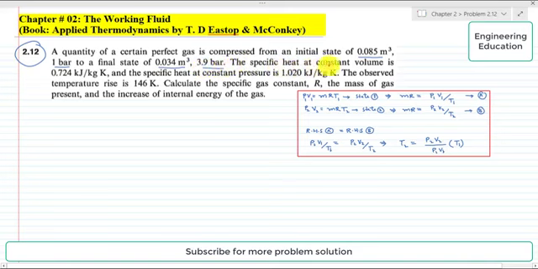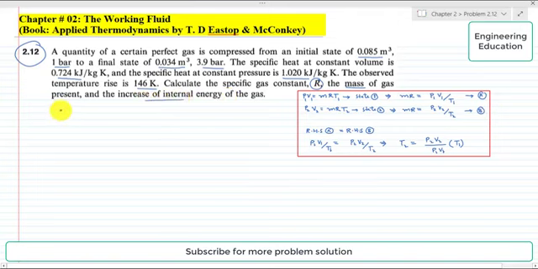The specific heat at constant volume is 0.724 kilojoule per kilogram per Kelvin, and the specific heat at constant pressure is 1.020 kilojoule per kilogram per Kelvin. The observed temperature rise is 146 Kelvin. Calculate the specific gas constant R, the mass of the gas present, and the increase of internal energy of the gas.